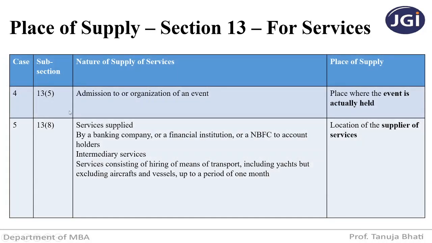Next, fourth case, where there is a service relating to admission to or organization of an event, the place of supply will be the place where the event is actually held. Case number 5, where the service is supplied in respect of banking, financial institution, non-banking financial institution, intermediary services, services consisting of hiring of means of transport including yachts but excluding aircraft and vessels up to a period of 1 month, then the place of supply will be the location of the supplier of service.